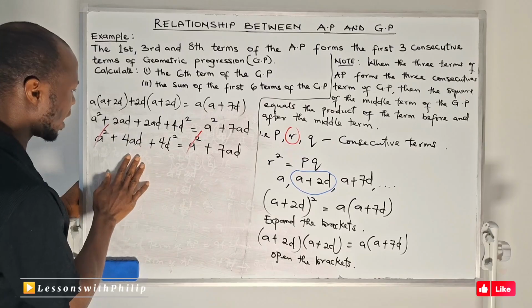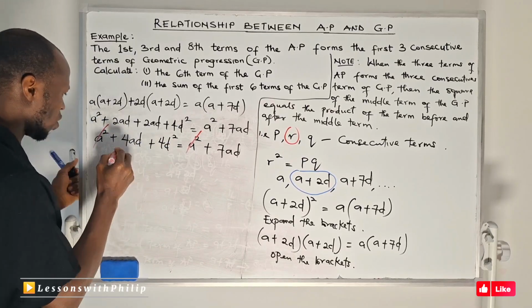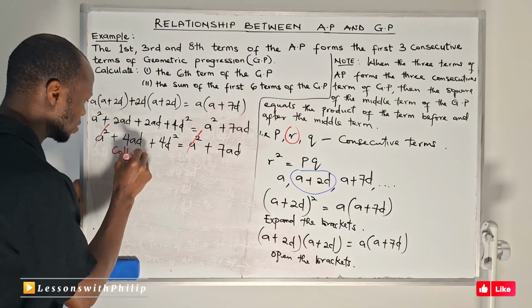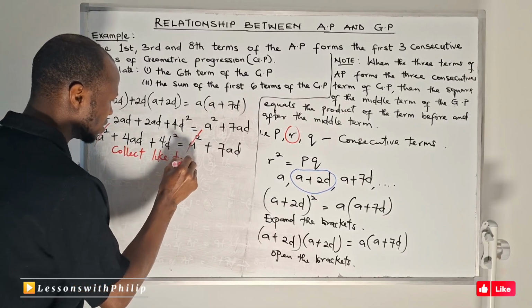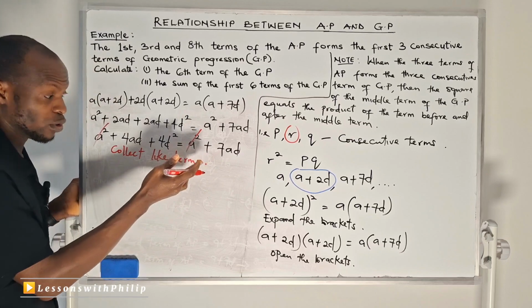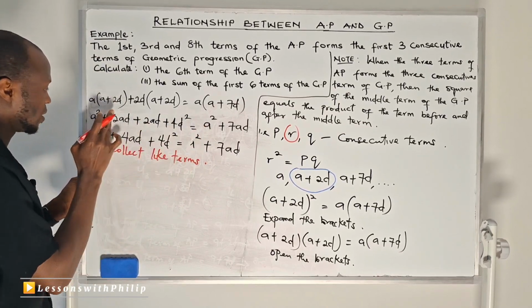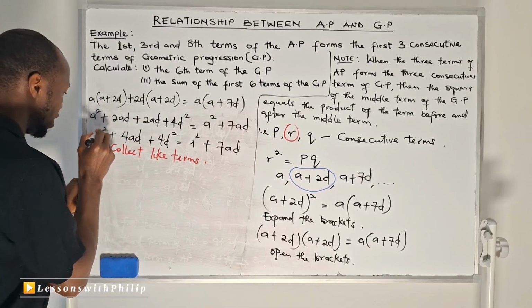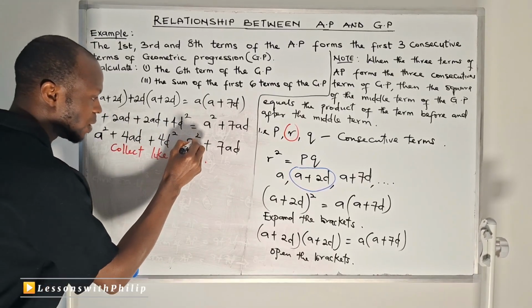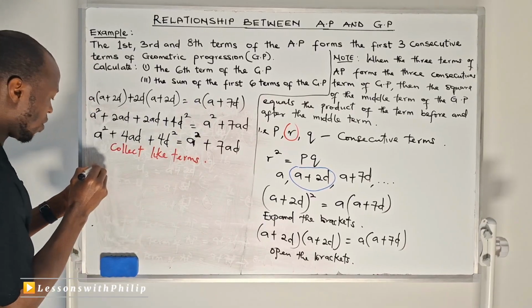Now, what am I left with? I'm left with 4AD plus, let me collect like terms. If you don't cancel this, you can decide to leave it. If you collect like terms, they will definitely go away. Okay, let me leave it and just try to explain further. If you collect like terms here, you have your A squared.